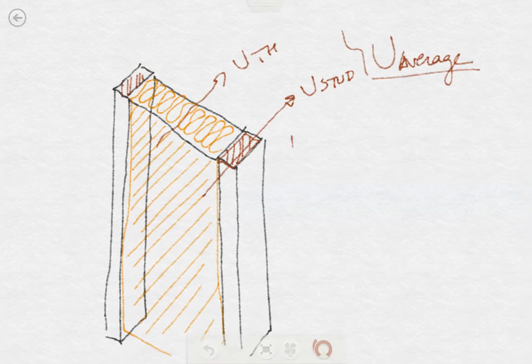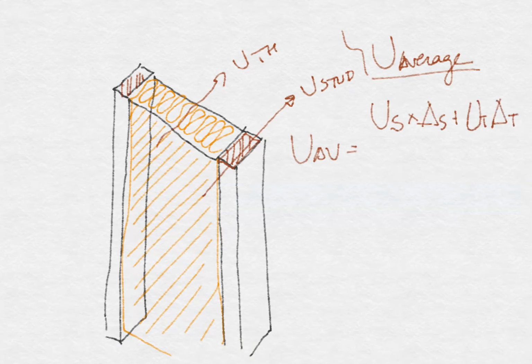Okay, so the U average would be the U value of the stud times the area of the stud plus the U value of the thermal insulation times the area of the thermal insulation, divided by area of stud plus area of thermal insulation.